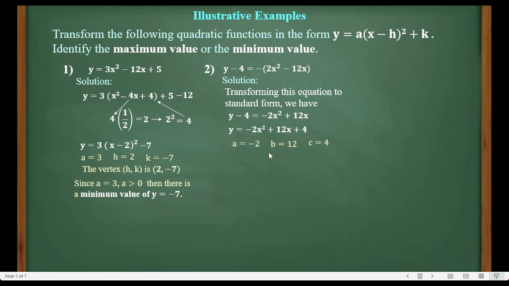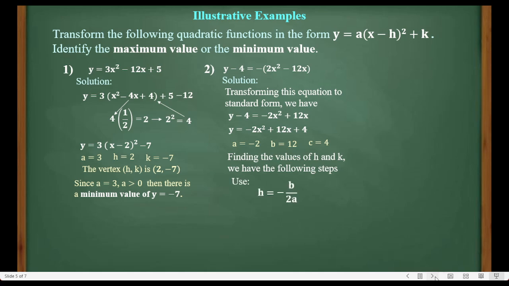Now, why did we declare the values of A, B, and C? Negative 2 for A, 12 for B, 4 for C. Because we are going to use two formulas to compute for the values of H and K. Yun.